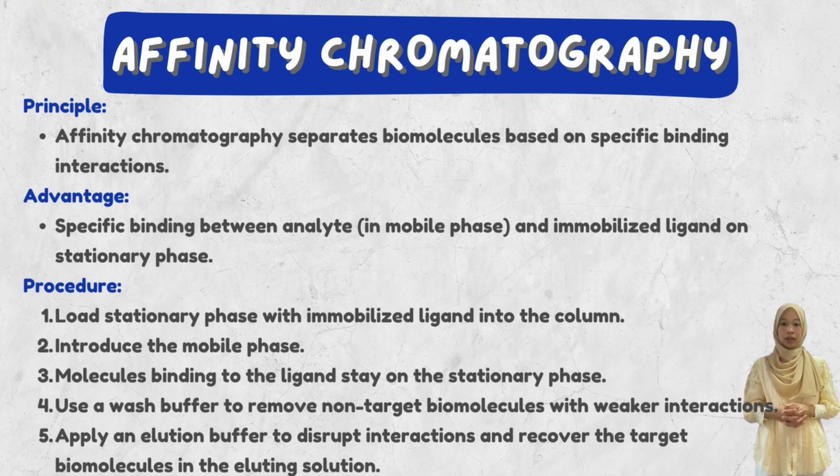Number 2, introduce the mobile phase. Number 3, molecules binding to the ligand stay on the stationary phase. Number 4, use a wash buffer to remove non-target biomolecules with weaker interaction. Number 5, apply an elution buffer to disrupt the interaction and recover the target biomolecule in the eluting solution.